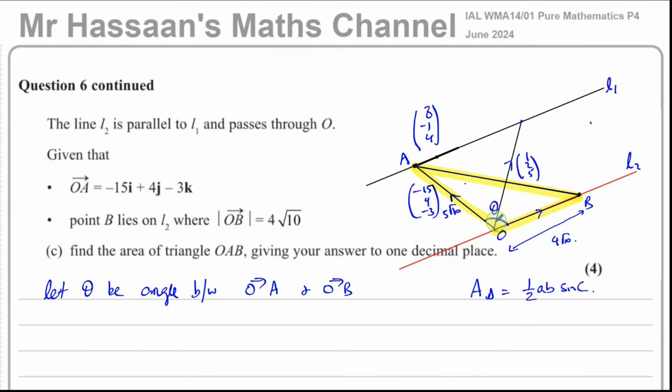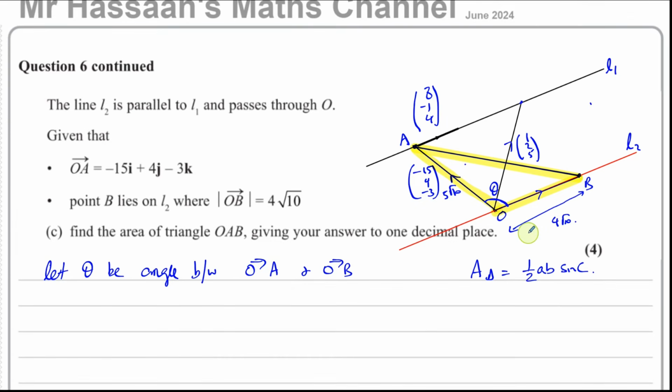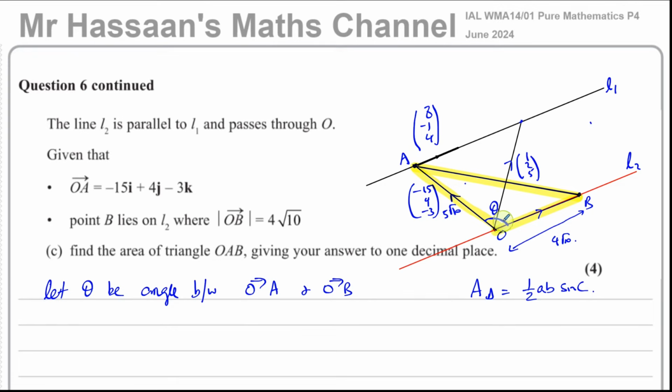So how do I find this angle? Well, there's a formula for finding the angle between two vectors when they are placed tail to tail like these are: the cosine of the angle between the two vectors is their dot product over the product of their magnitudes.